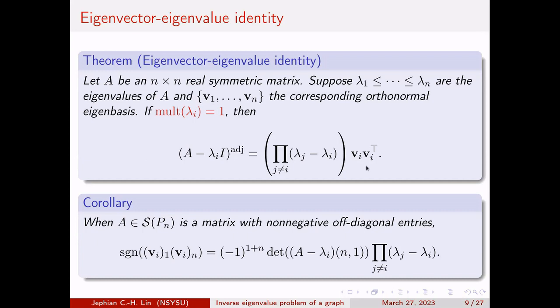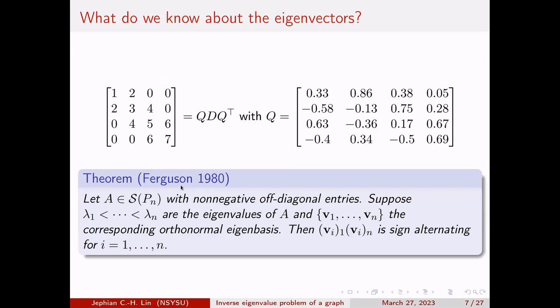And so this eigenvector-eigenvalue identity is basically describing the behavior of the adjugate when the matrix has rank n minus 1. And back in 1980, Ferguson already cited a result by Cauchy saying that this eigenvector-eigenvalue identity was known, and he used this to prove the result about the cycle.